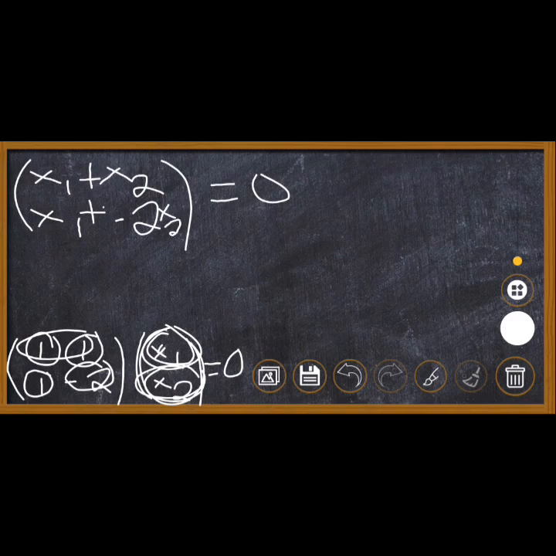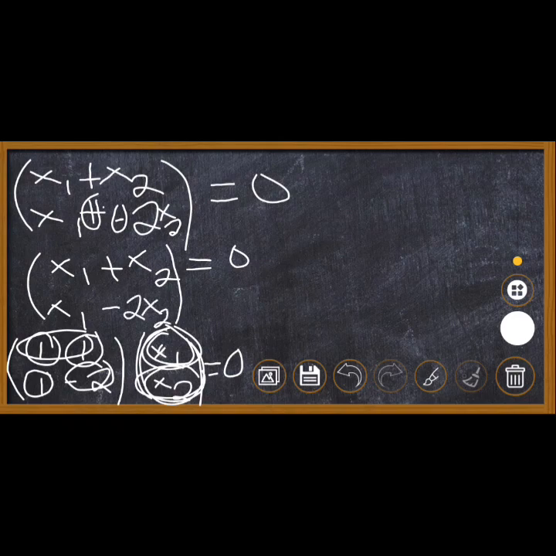So this can also be written as x1 plus x2 equal to 0, and then here we have x1 minus 2x2.